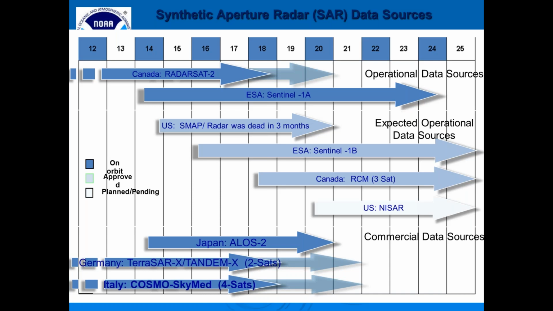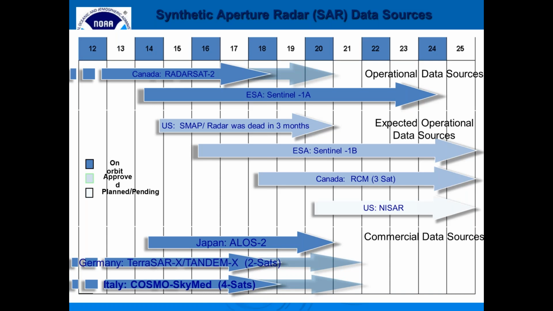People would argue about why SAR hasn't been so popular since it was first put on orbit in the 1970s. It is because SAR data is quite expensive. The German, Italian, and earlier RADARSAT missions were all commercially based, so you have to purchase images. But these things have changed since ESA launched the Sentinel-1 mission.